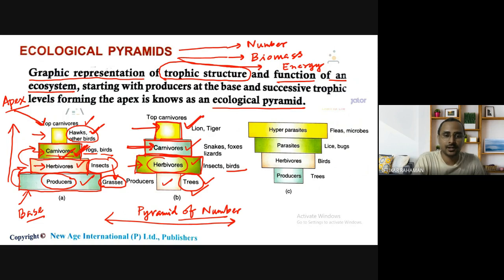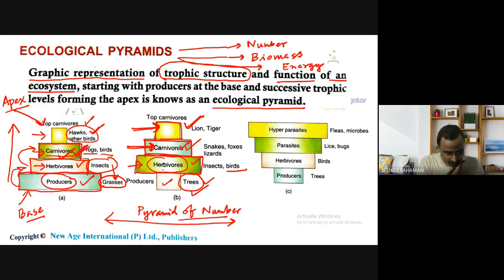Number of secondary consumer is less than primary consumer, and number of the tertiary consumer is lesser than secondary consumer. Okay, so there you can see a different shape of pyramid of number in the forest or in a tree, right?